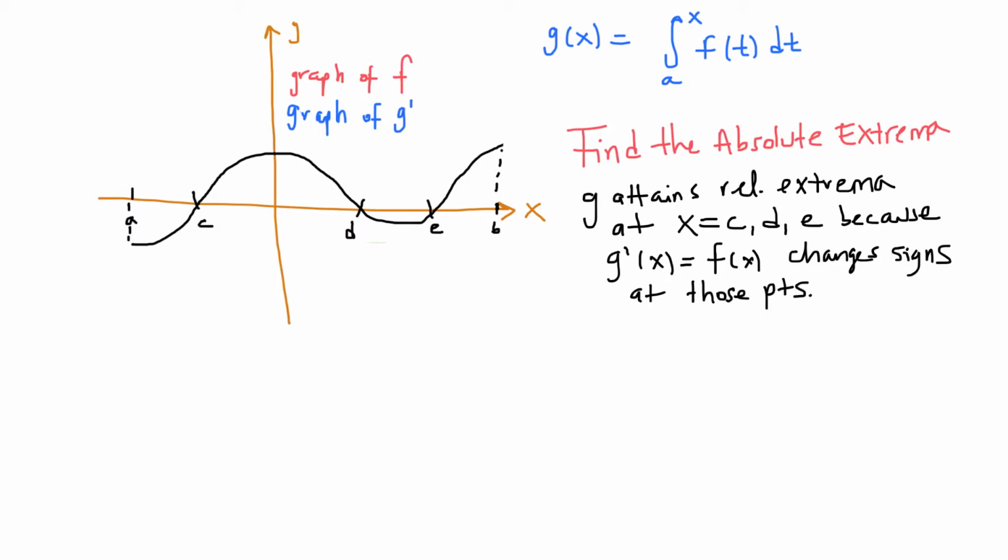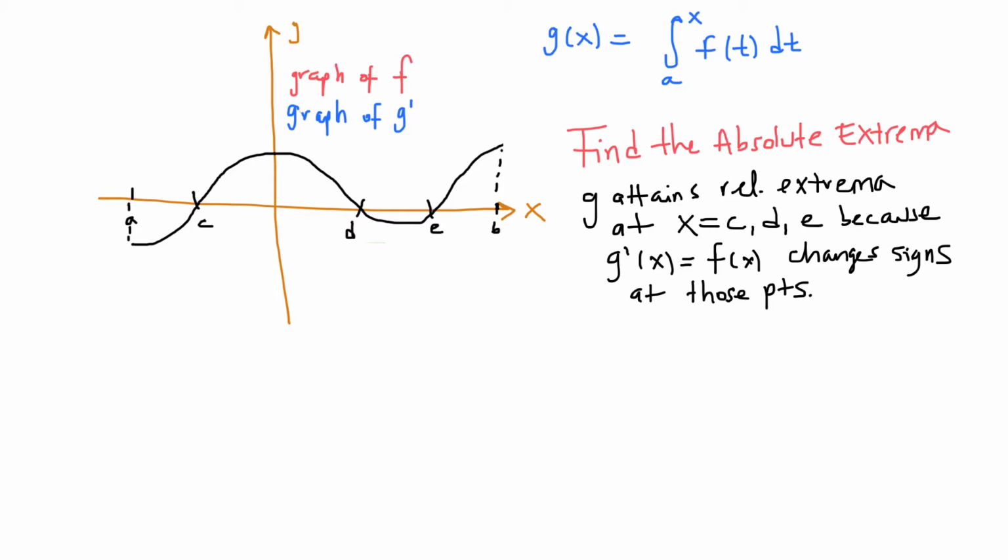Now the question is, what are the absolute extrema? So then what we have to do is, the absolute extrema is going to be either one of the critical values or one of the endpoints. Okay, so then we have to test endpoints and critical values.